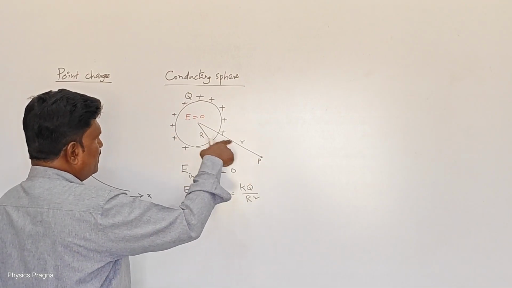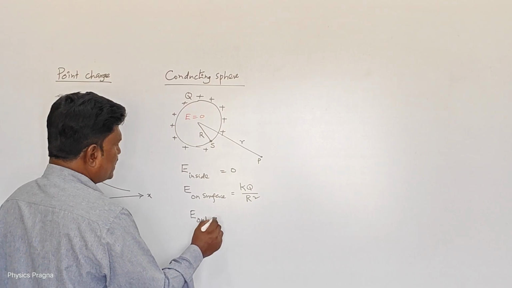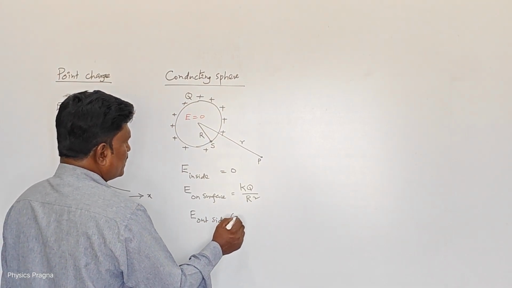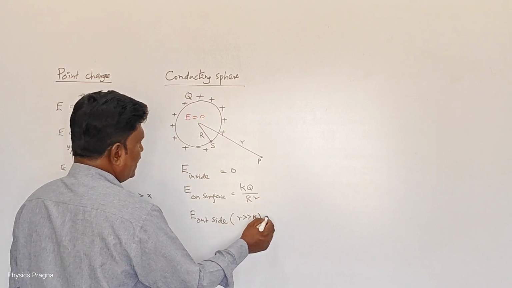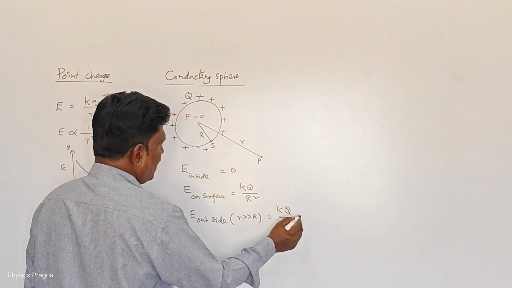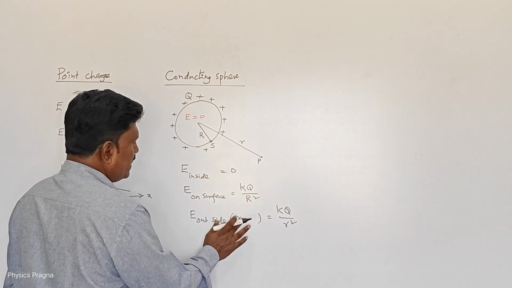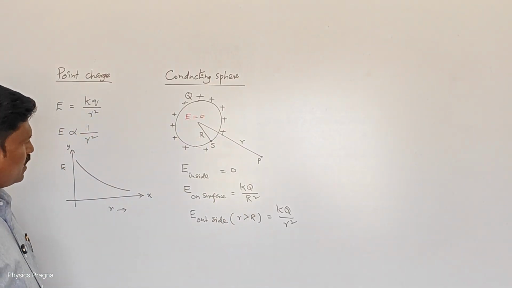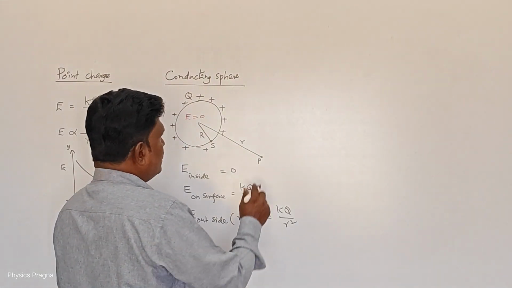Away, in the outside region, that means small r is greater than capital R, the formula is kq by r square, right? So these are the formulae. So how can we get the graph for this?